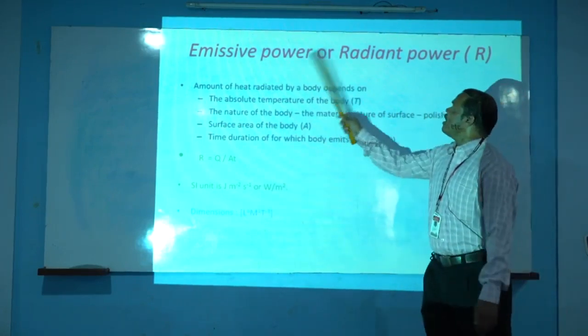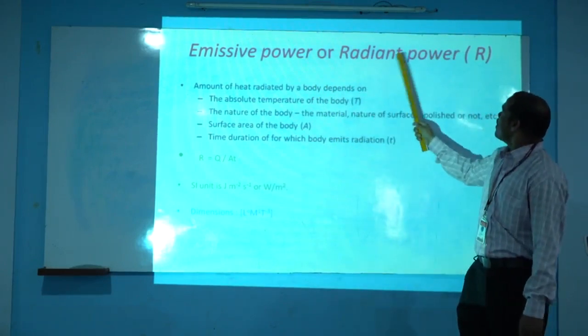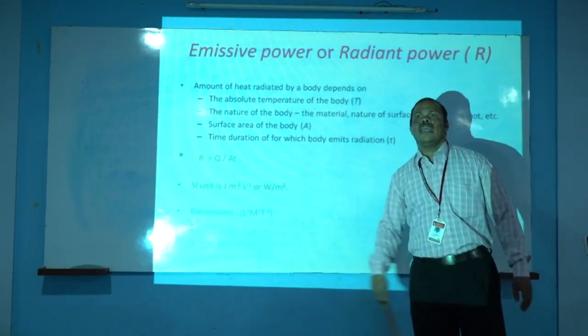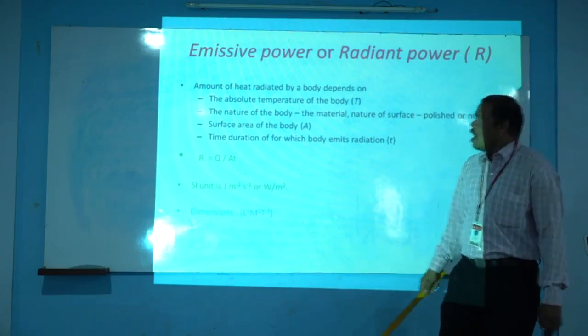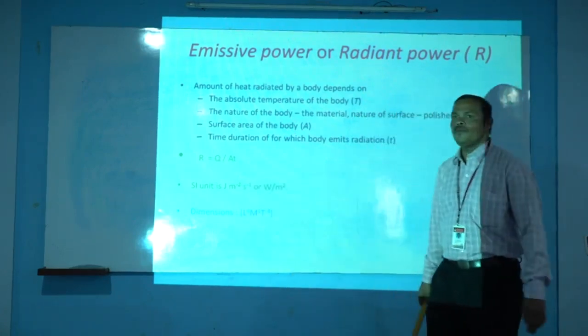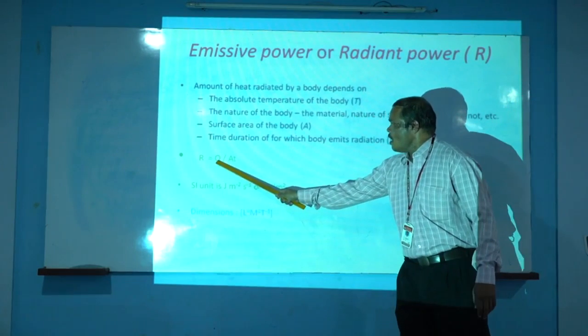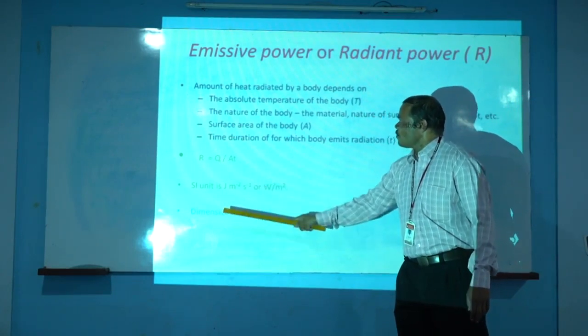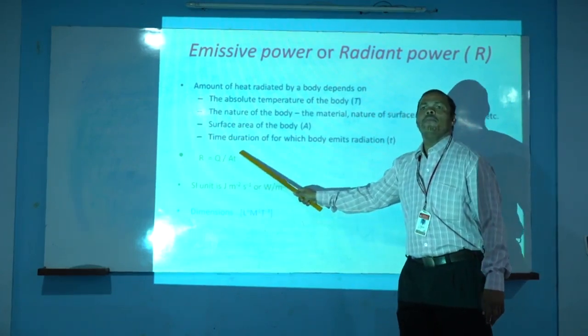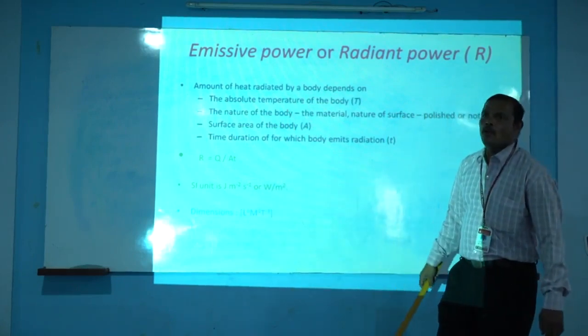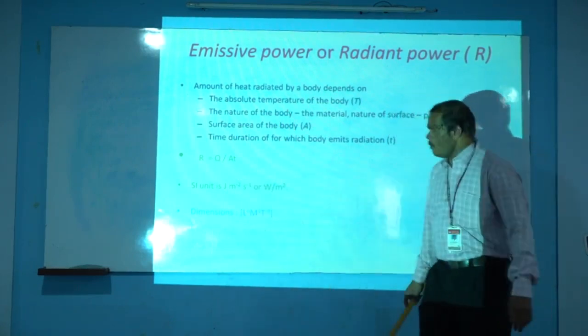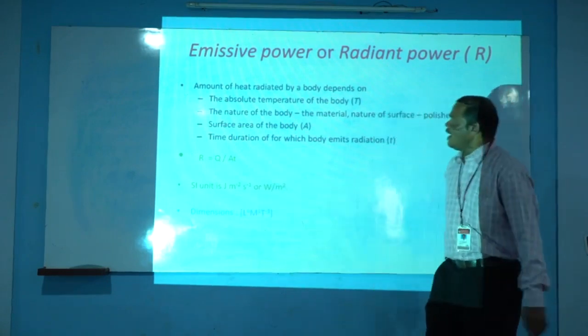So we define the emissive power or radiant power once again, that is, the amount of radiant heat transmitted by the black body per unit area per unit time.